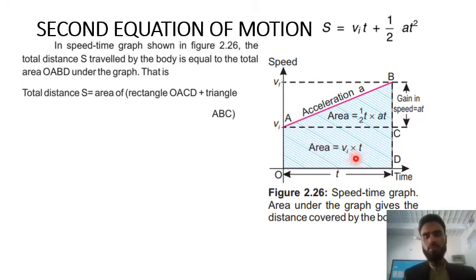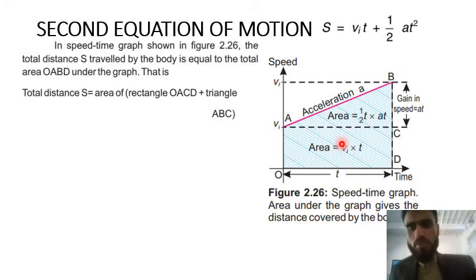Over here we need to calculate this shaded area. This is the area under this line. The area under the graph is actually the area between the graph and the horizontal axis. So this is the area which will be calculated in order to find the distance covered by the body.